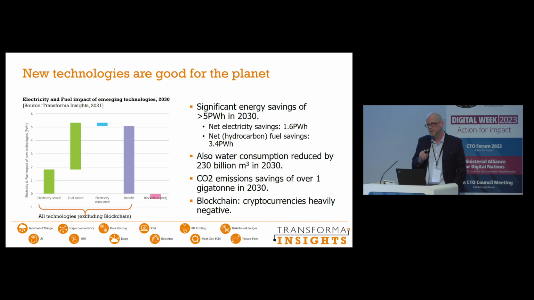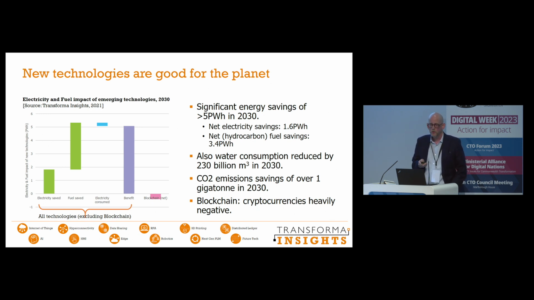And mostly that's overwhelmingly positive. We do have one which is rather negative, and that's in the form of blockchain or distributed ledger. The Bitcoin mining and everything associated with that tends to have a negative environmental impact. But overall, across the dozen technology areas that we look at, there is an overwhelmingly positive impact.